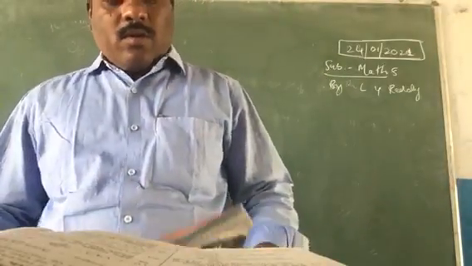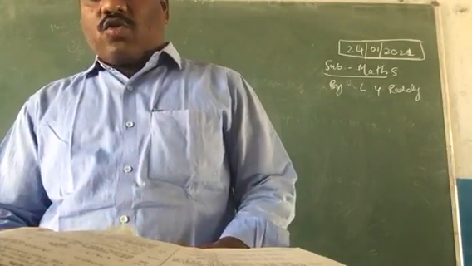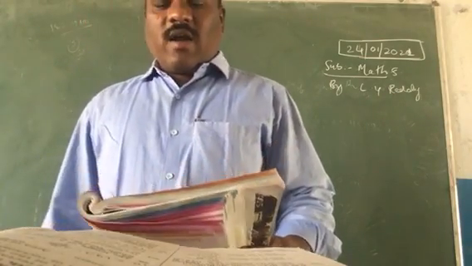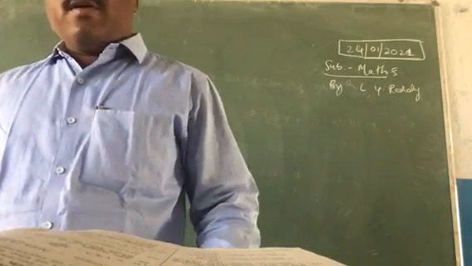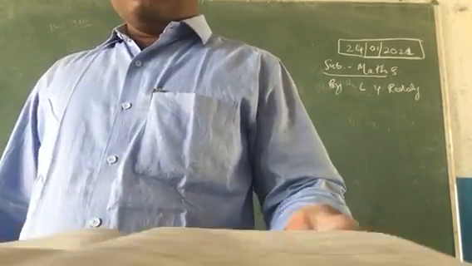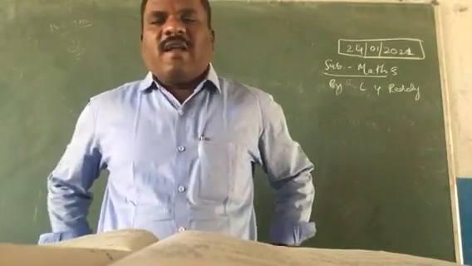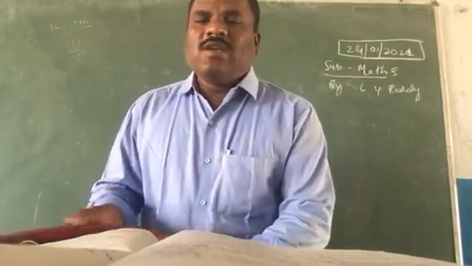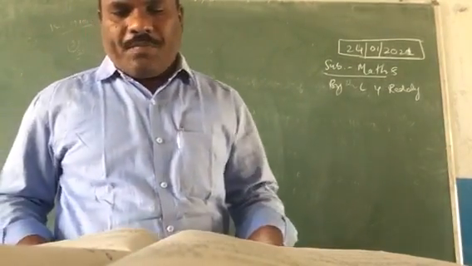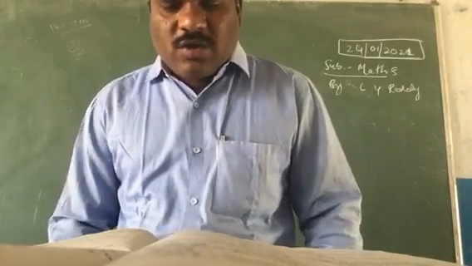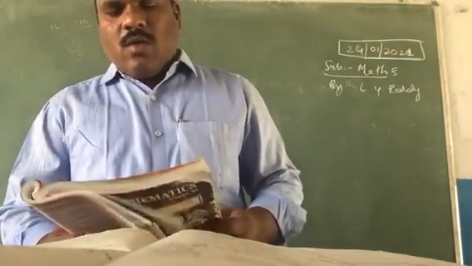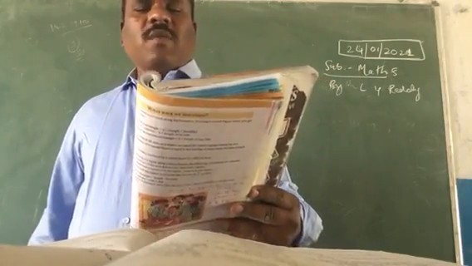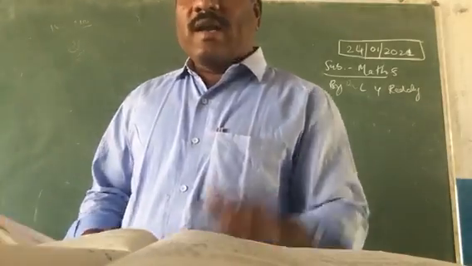The area of a rectangular plot is 2400 square meters and its length is 1.5 times its breadth. What is the perimeter? Very direct answer, children.